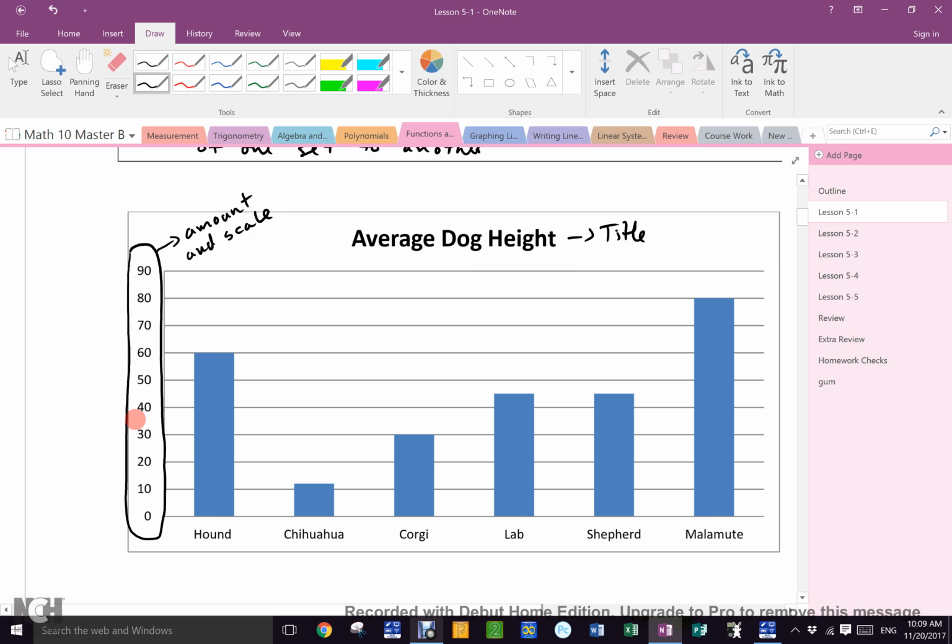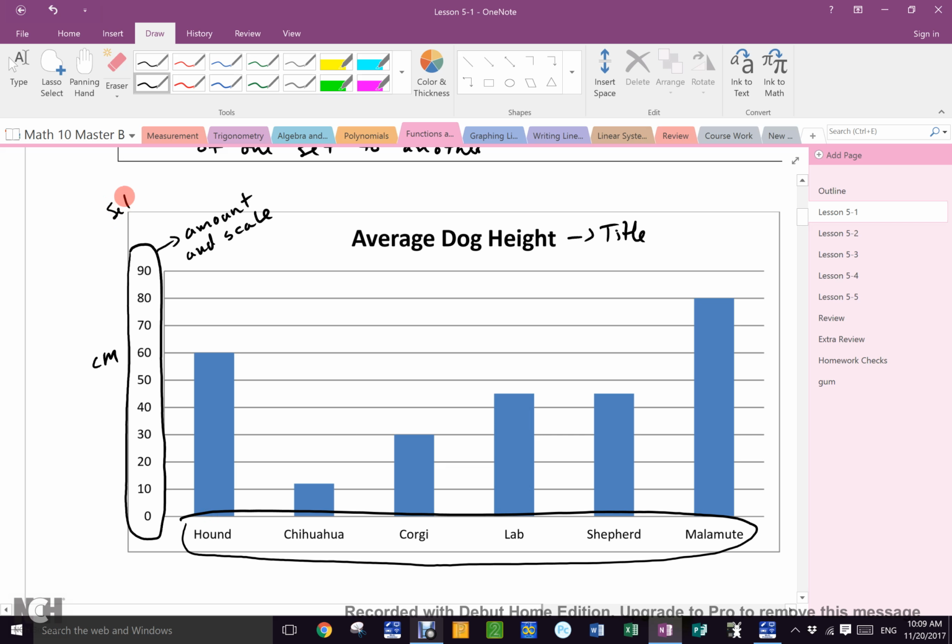So this is 90. So I've got the amounts, yes? But do I have a scale there? 90 what? What do you think that is? Centimeters. Great. So there I've got a scale. Everybody cool? Yeah? All right. And then they also need the other set. This is one set.